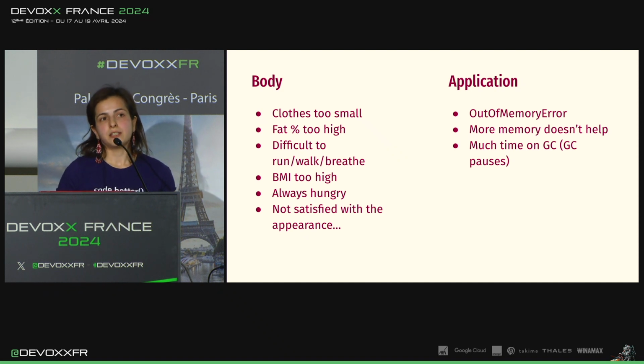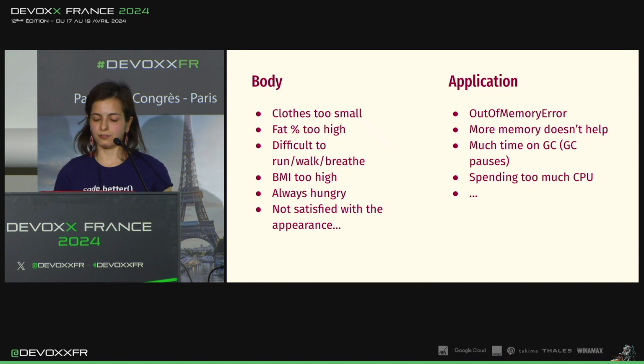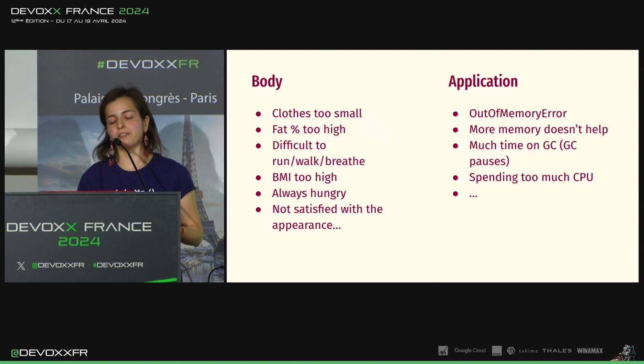Your application spends much time on garbage collection because it cannot collect, but it tries. There are long GC pauses, and it affects your performance. It spends too much time on CPU, and so on. So these could be the symptoms that allow you to pay attention to the memory and tell you that you need to check whether there is any leak or not.